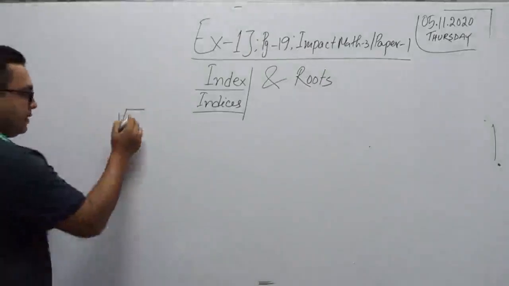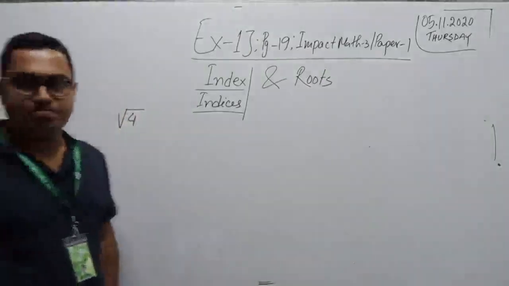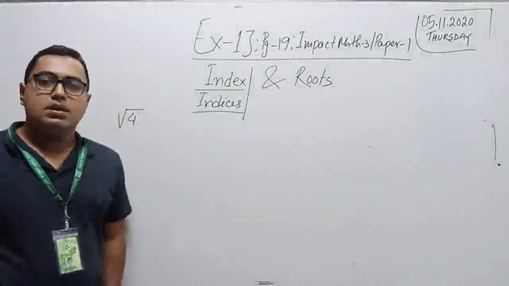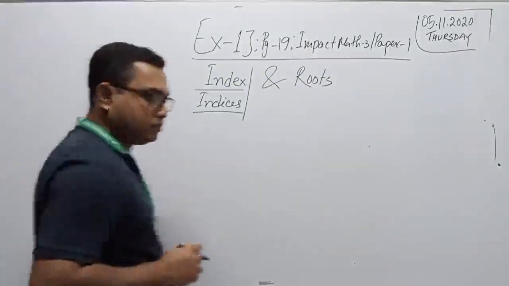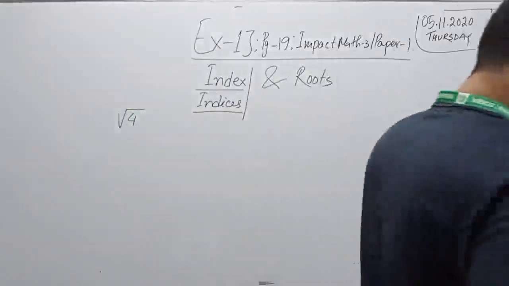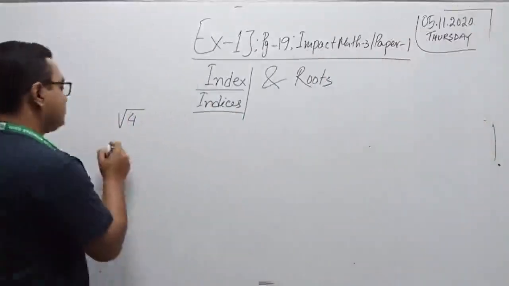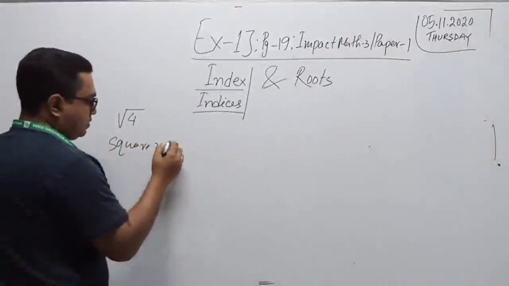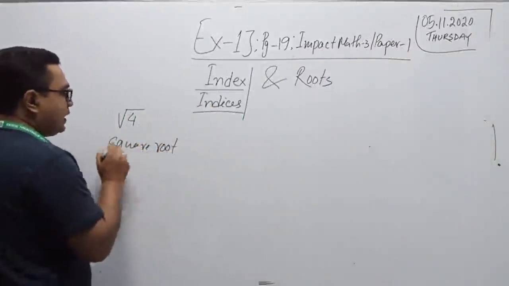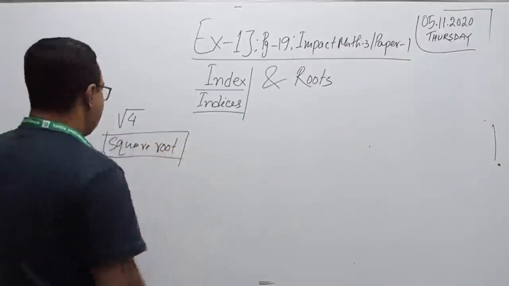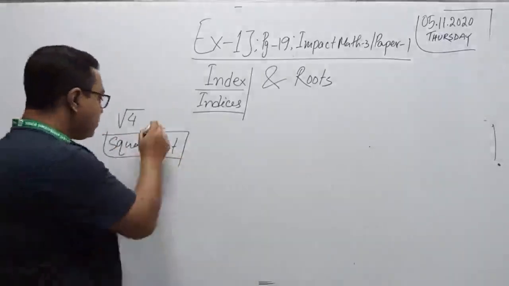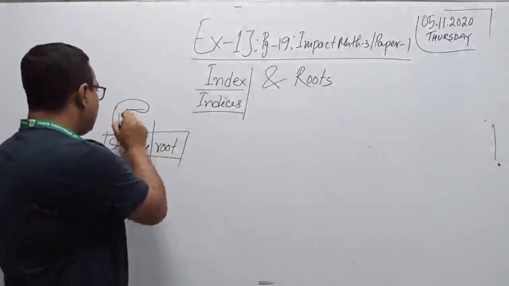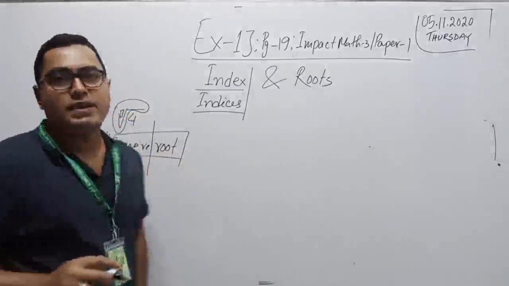Suppose this number is 4. This sign is called square root. Look here, square root. This sign here, inside this one nothing is given.